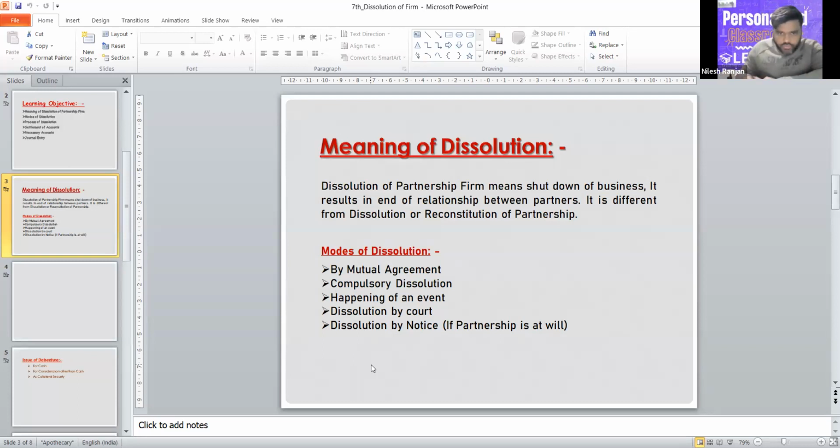If you want to write it, then whatever examples I have given you, you can write in brackets in front of every mode. In compulsory dissolution, you can write illegal business, or death or insolvency of all partners.